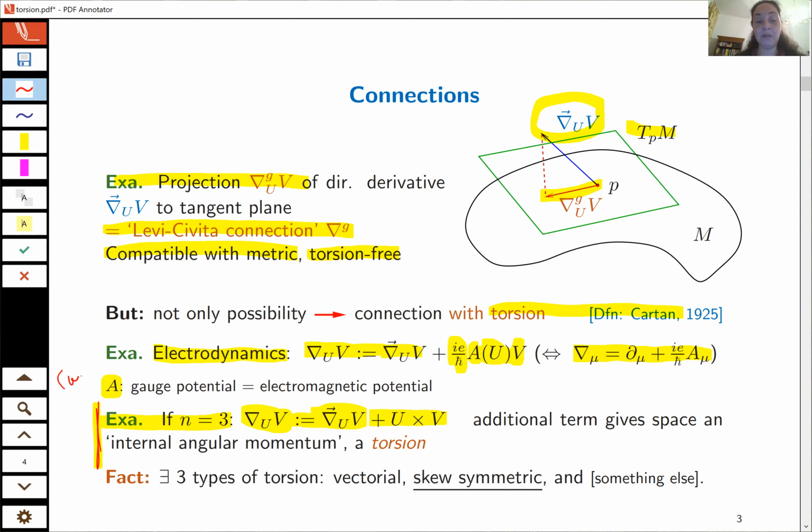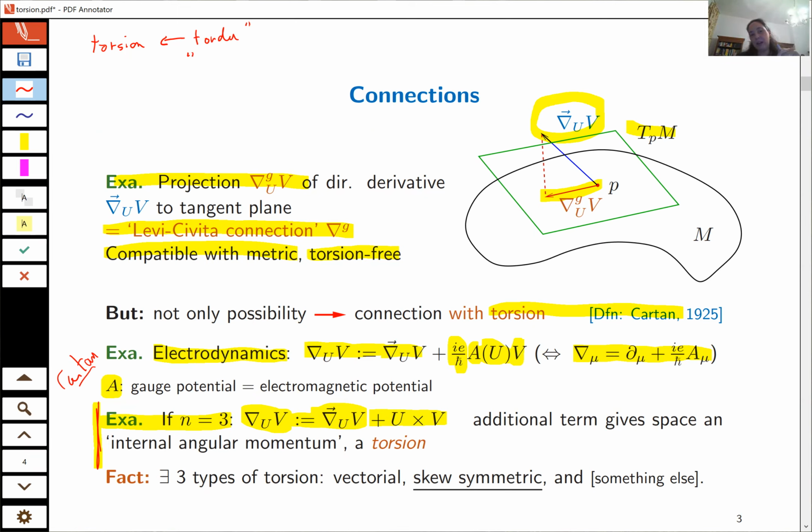Now, this example here is actually what Cartan did. And so this word torsion really comes from Élie Cartan imagining that space has some kind of internal angular momentum. He was actually thinking that space is tordu. For those speaking French, tordu means it has some kind of twist, a spin, right?